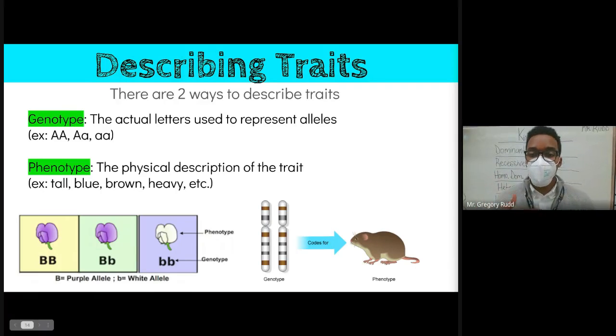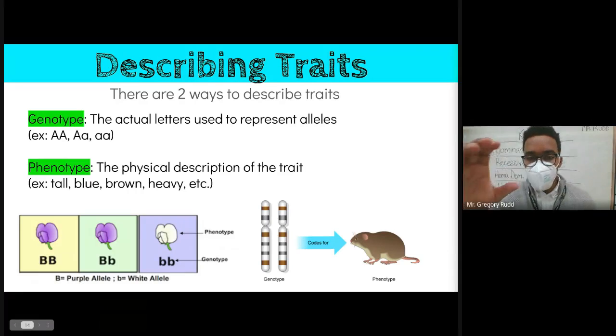The genotype is the genetic description. It's the actual letters that we use to represent alleles. But it could also be words like homozygous dominant or heterozygous or homozygous recessive. Those are also genotypes or genotypic descriptions. The phenotype, on the other hand, is the physical description of the trait.